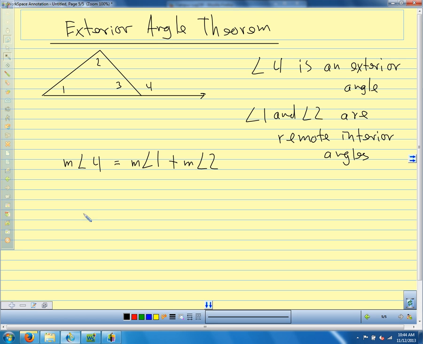And if we said that in words, we would say the measure of an exterior angle is the sum, meaning add, of the measures of the remote interior angles.